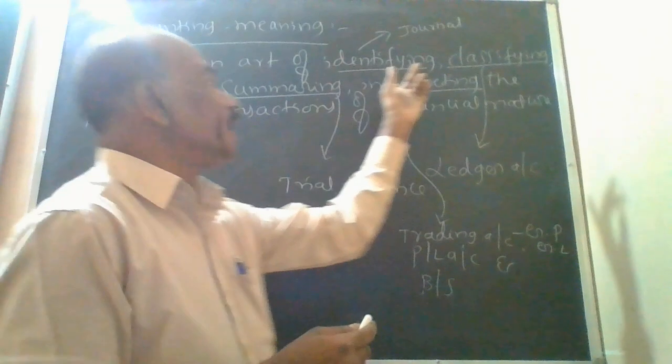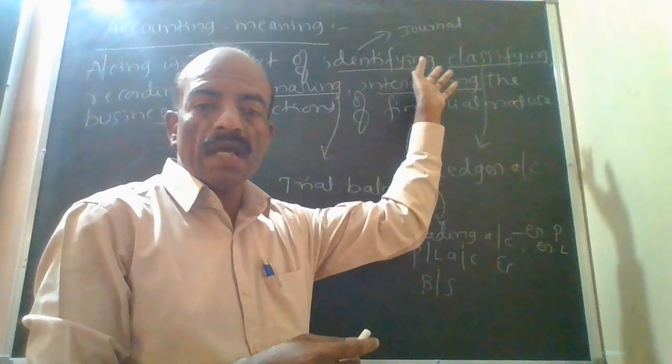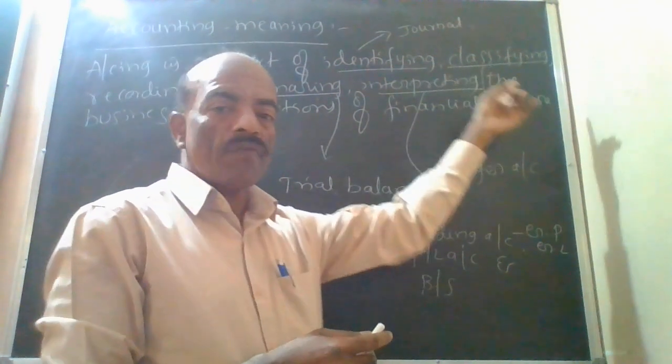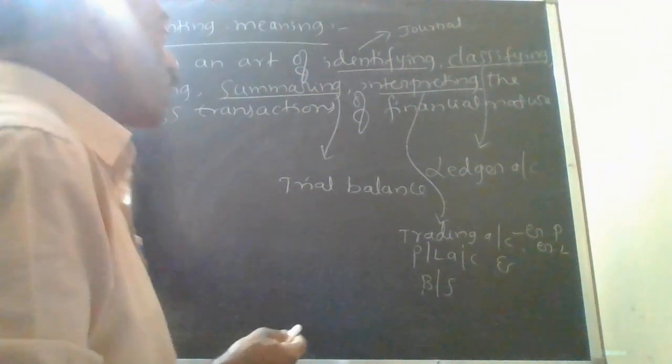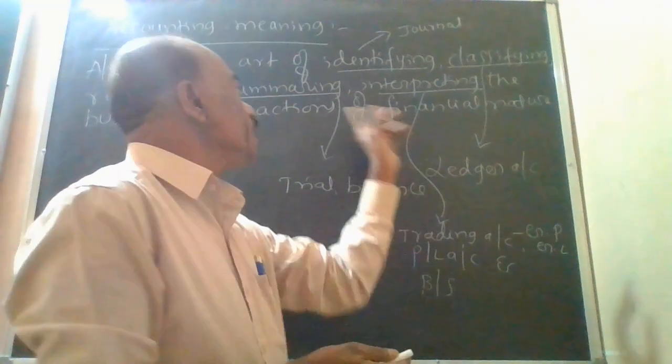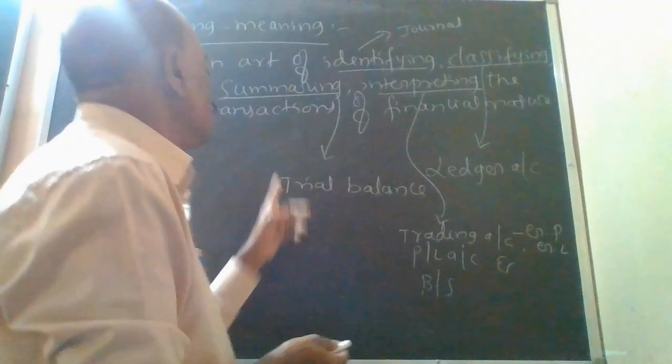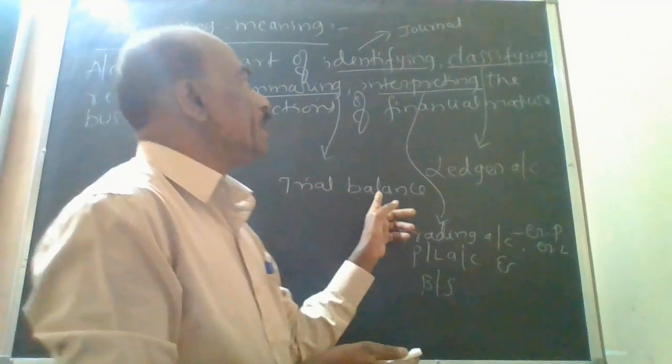So accounting is an art of identifying. Identifying means passing the journal entry. Classifying means posting to ledger account. Recording means recording the transaction. Summarizing means preparation of the trial balance.